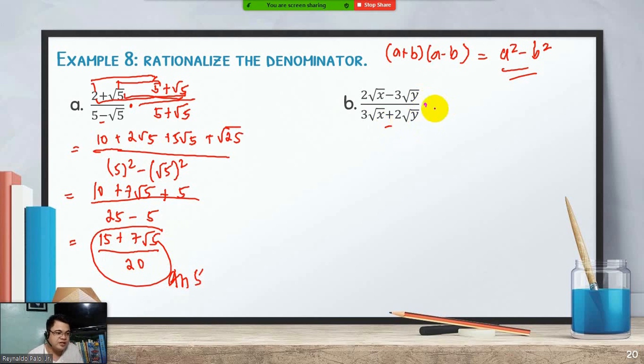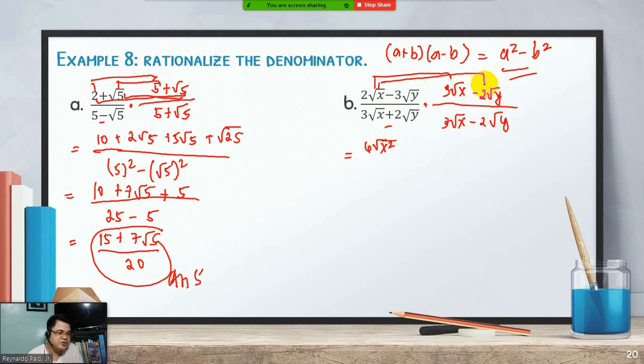Since this is already the sum, we need the difference. So 3 square root of x minus 2 square root of y over 3 square root of x minus 2 square root of y. In the numerator, we will be applying the FOIL method. 2 square root of x times 3 square root of x is 6 square root of x squared.